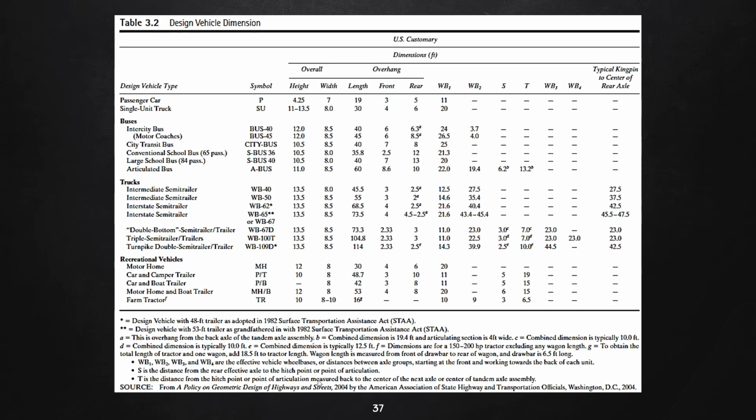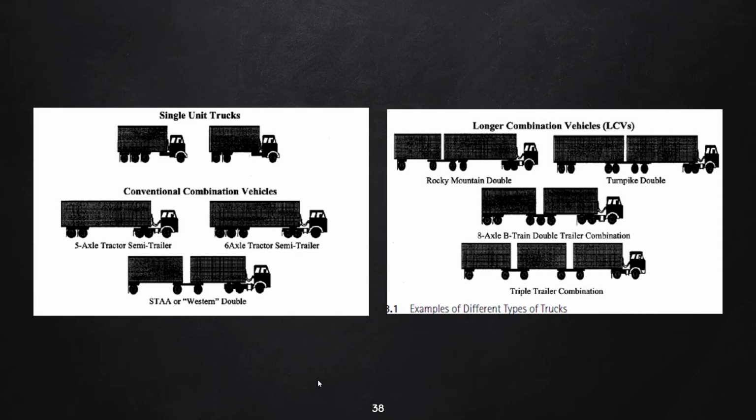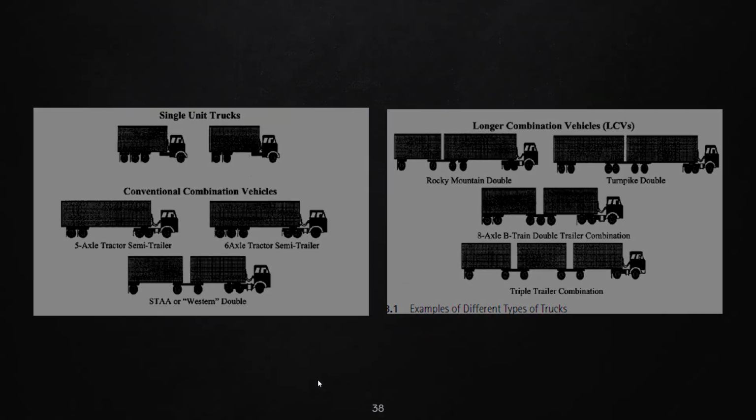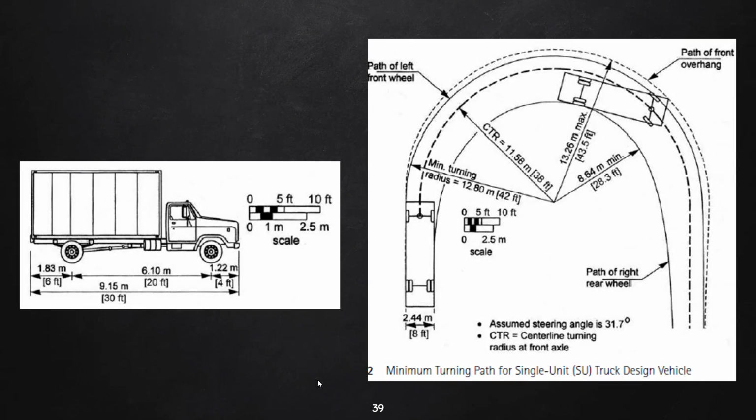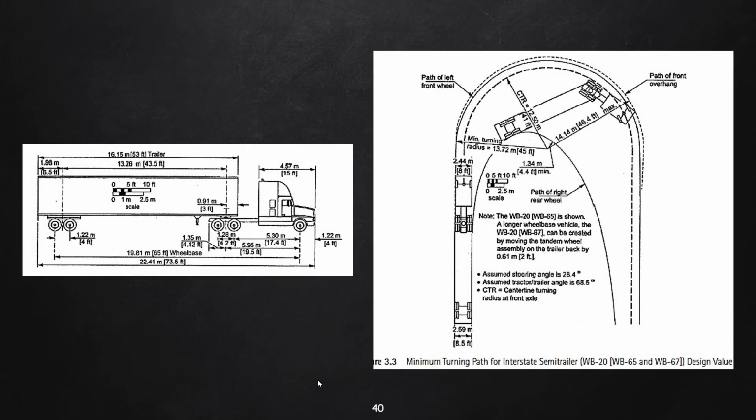So these are some design vehicle dimensions from AASHTO, and some examples of different types of trucks. You can just go over this one. You have your minimum turning path for a single unit truck design vehicle, and for semi trailers. So those are being considered in the design of highways, of course.